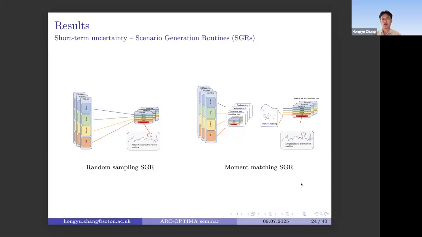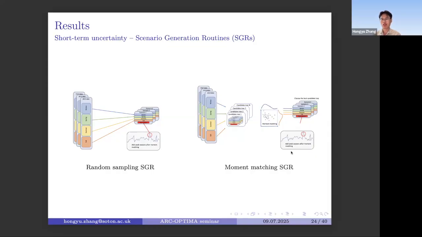And the second scenario generation routine we use is moment matching. The first step of moment matching SGR is the same as random sampling, which is basically to randomly sample many candidate scenario trees, and then you choose some good candidate trees that can match some statistical properties of the original distribution.